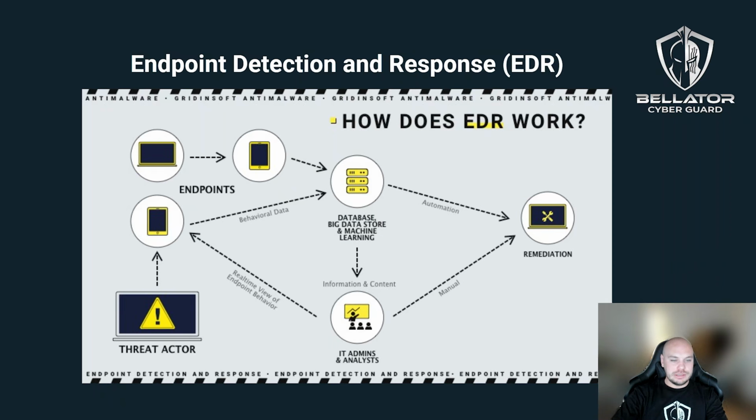Behind the scenes, the IT admins and analysts, you can see, are monitoring the endpoint and can see everything that's going on there, any processes. They can make changes and allow different exclusions. If there's a program that the solution keeps blocking and they determine it's safe, they can go in and put exclusions and allow the program to run without any issue, and just tell the solution to ignore it.